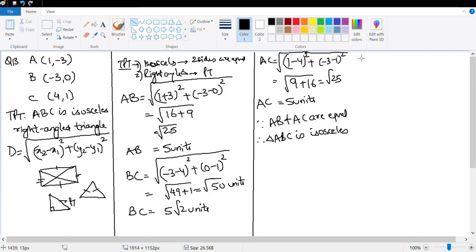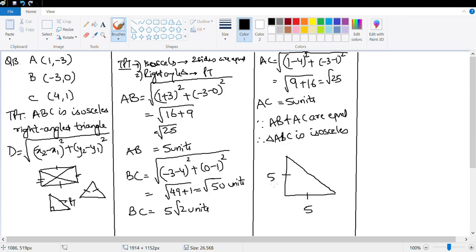Now let's look at proving that it's a right angle triangle. We have this side and this side equal, given as 5 and 5, which means AB and AC are equal. Let's see if Pythagoras theorem is applicable.